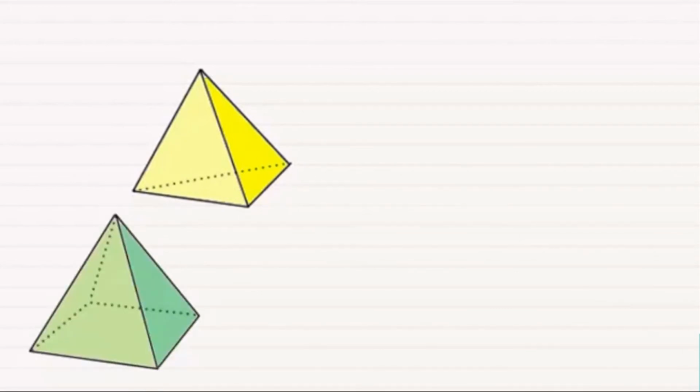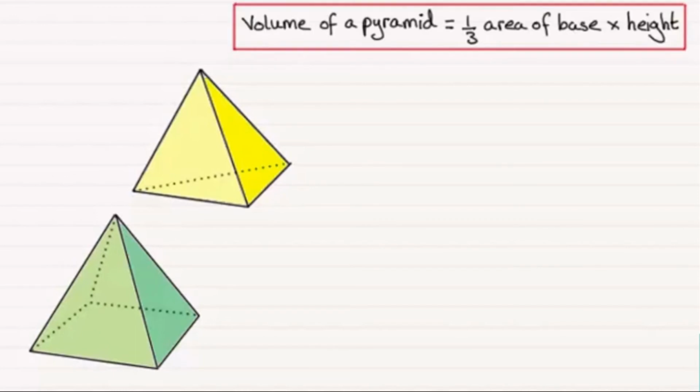This can be compared to a pyramid, except that it's now a triangular pyramid. However, the common pyramid we know is either a rectangular or a square base. But in our case here, this tetrahedron has a triangular base. But we can recall that the volume of a pyramid is a third area of the base times the height. But in our case here now, we shall focus on our base being a triangle.